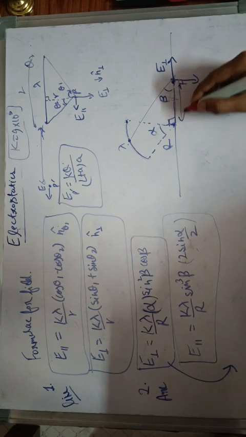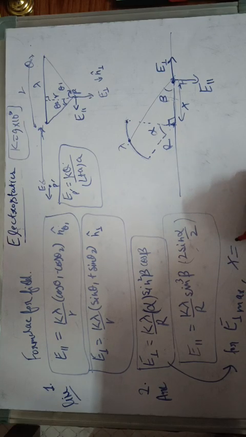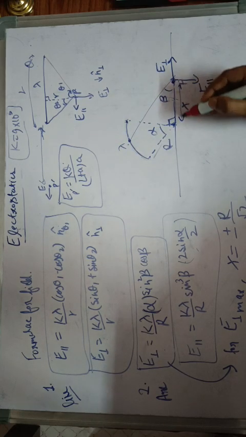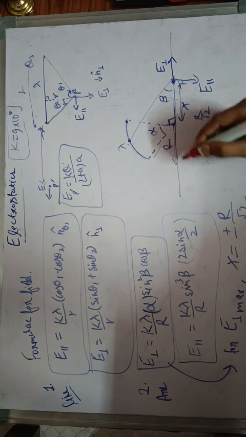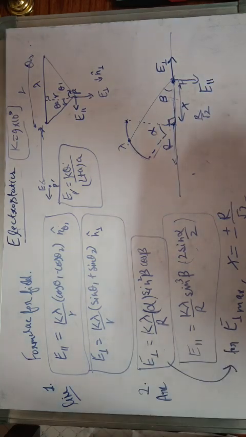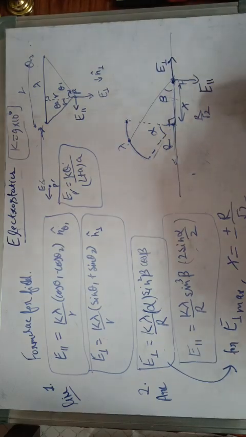Let's say this distance is x, then for E perpendicular to be max, x should be either plus or minus r by root 2. This is the radius. When this distance becomes r by root 2, either in this direction or in this direction, the E perpendicular will be maximum.